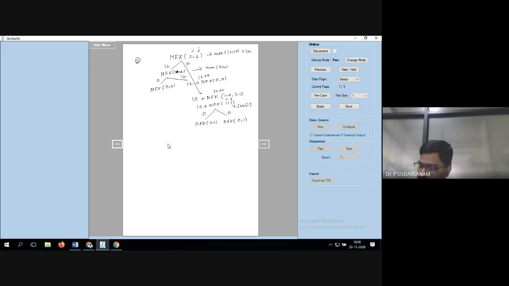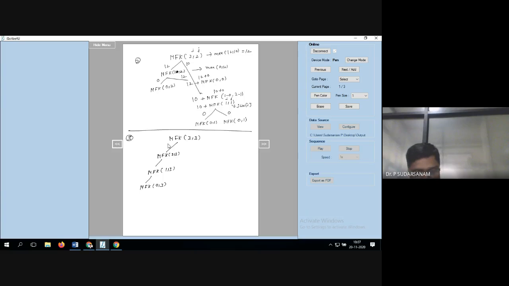This is the last one, MFK of 3 comma 3. Now write it here: MFK of 2 comma 3, MFK of 1 comma 3, MFK of 0 comma 3.